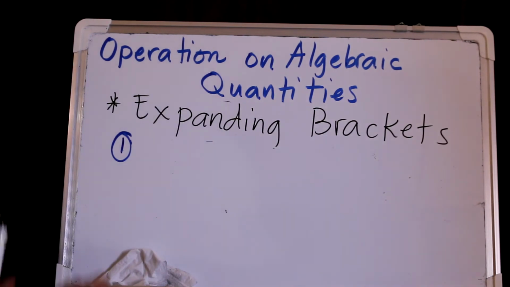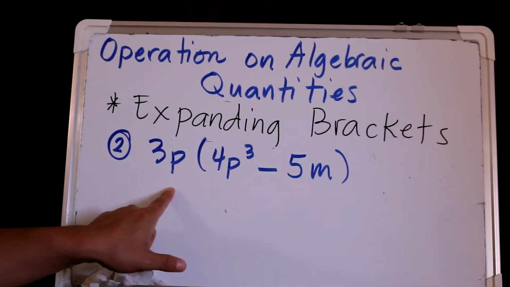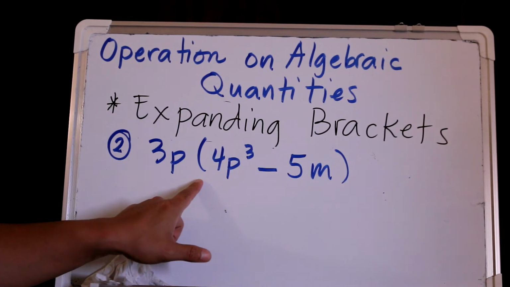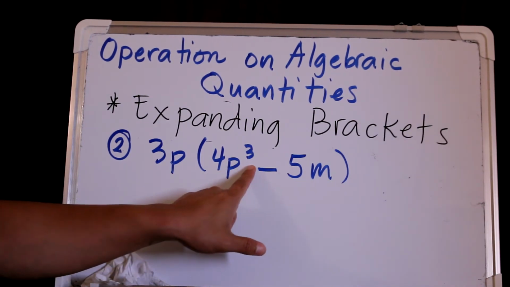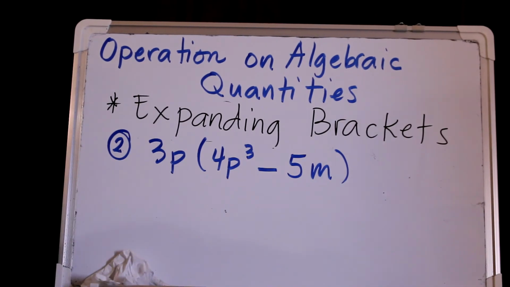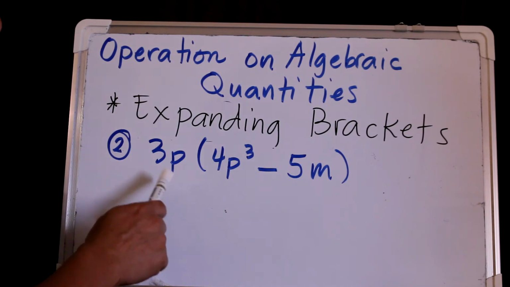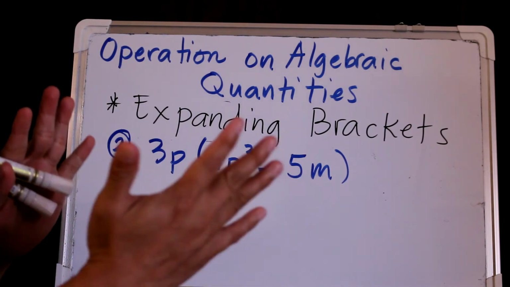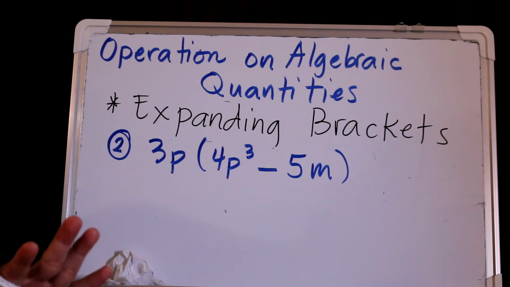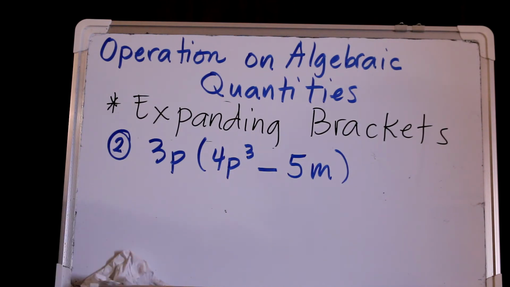Okay, what if we have 3p multiplied to 4p raised to the power 3 minus 5m? Notice this p and m, but this is being multiplied, so what you are going to do with that is just write them and arrange them alphabetically.